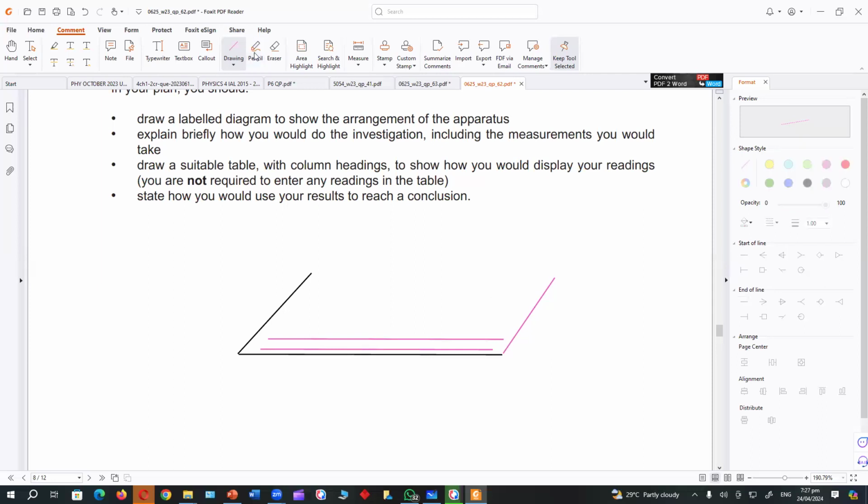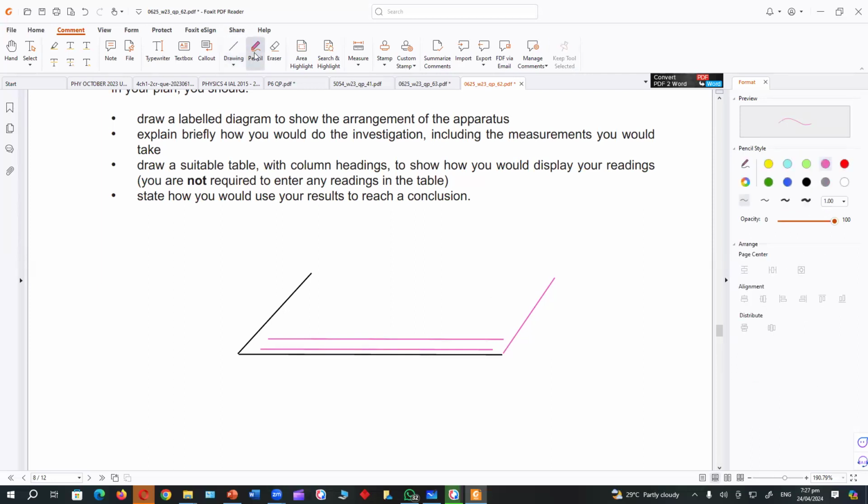So you can draw with me. It will be good practice to understand that this is the famous lens apparatus. And here we can put our lens.